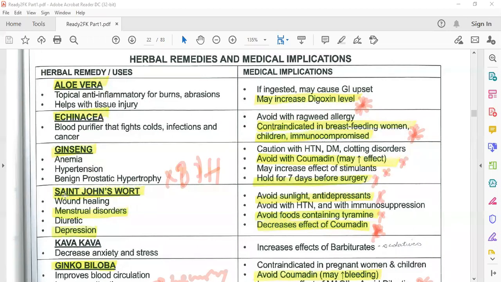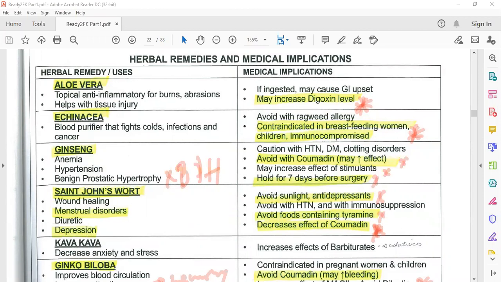So St. John's wort is used for wound healing, women who have menstrual disturbance, diuretics, or depression. In short, St. John's wort we use for depression and anxiety, because this is the question the NCLEX board frequently asks. Now, what are the other questions the NCLEX board asks? I want to share with you.